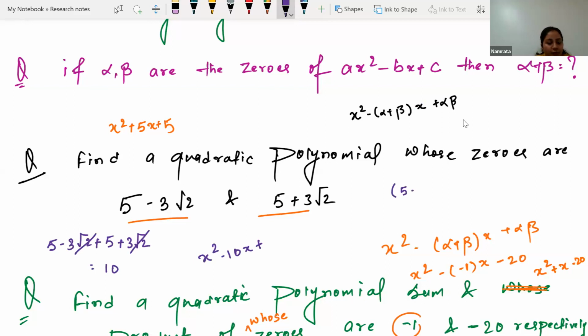We have to find the product. So we will be doing 5 minus 3 root 2 into 5 plus 3 root 2. Can you tell me what we will get from here? Does it look like a minus b into a plus b? Yes, ma'am. Then the identity we can apply here, right? a square minus b square.